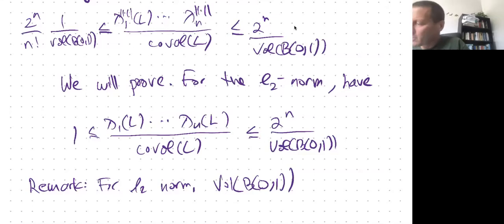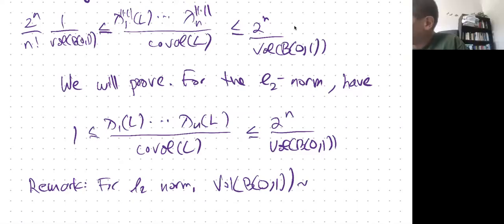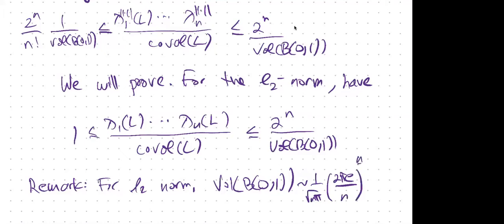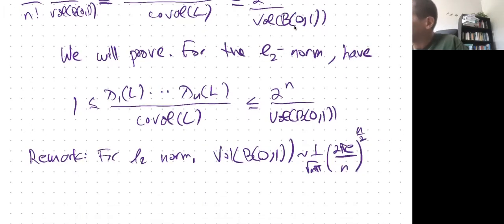It is a well-known quantity, and it behaves like this. Asymptotically, so on a first approximation, not very precise.